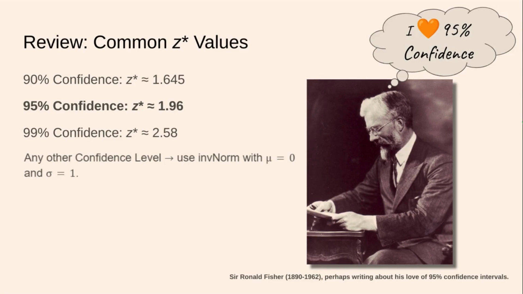He loved the 95% confidence interval. Now, why he loved it so much, I'm not sure. It's a good happy medium between 90 and 99%. The Z-star value is dangerously close to 2. There are a lot of things to love about 95%, and Ronald Fisher recognized that and kind of sort of made that the gold standard for confidence intervals.